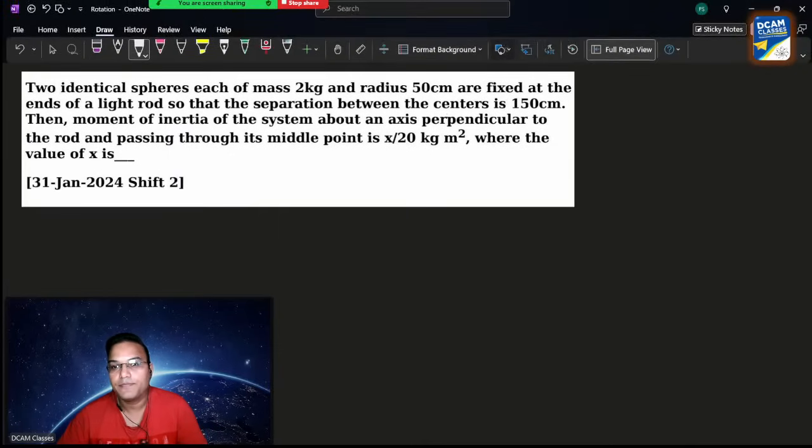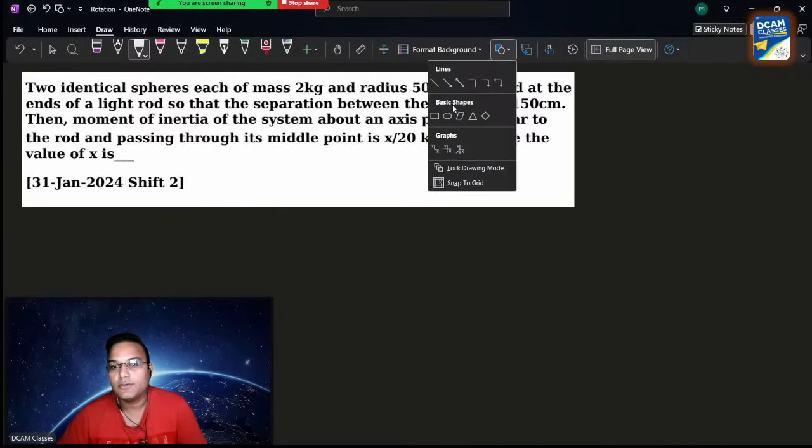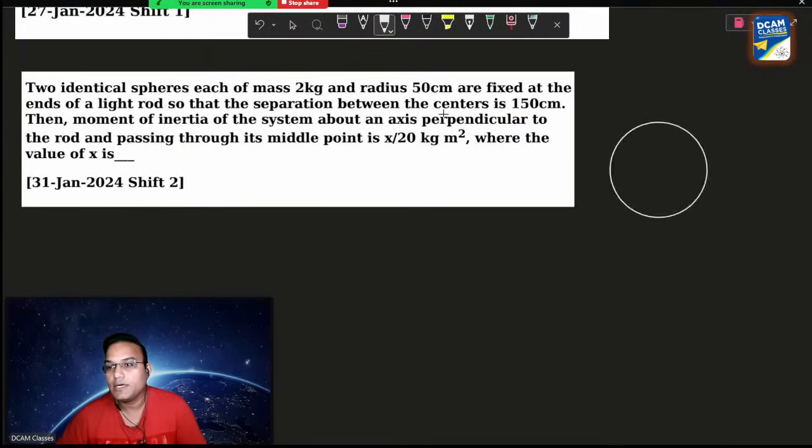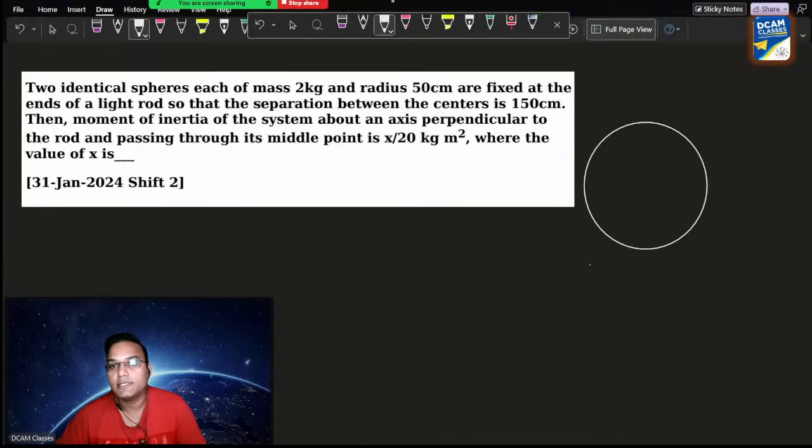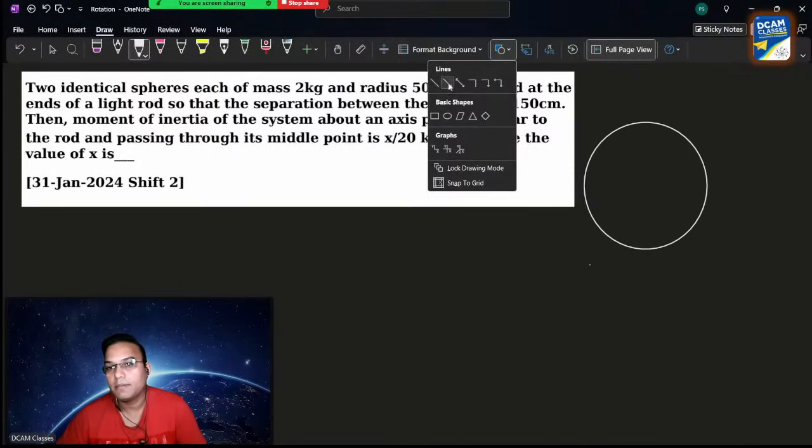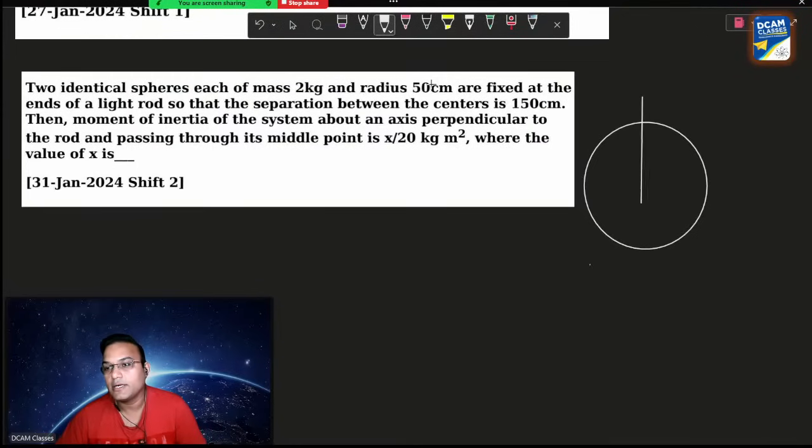Let me draw it. The information needed is the moment of inertia of a sphere about an axis passing through its center of mass or center of gravity. This one is 2 by 5 m r square.